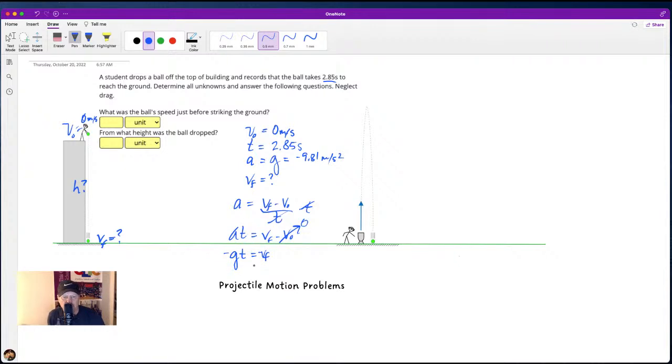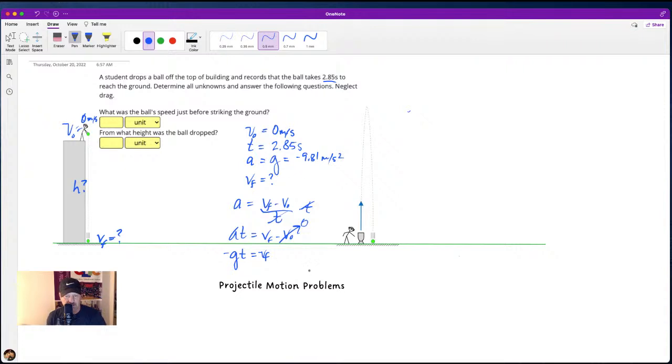Well, this is going to work out handy because g is negative and then V final will be negative. So negative 9.81 times T, which is 2.85 in my situation. Let's see here. 9.81 times 2.85 equals 27.96.